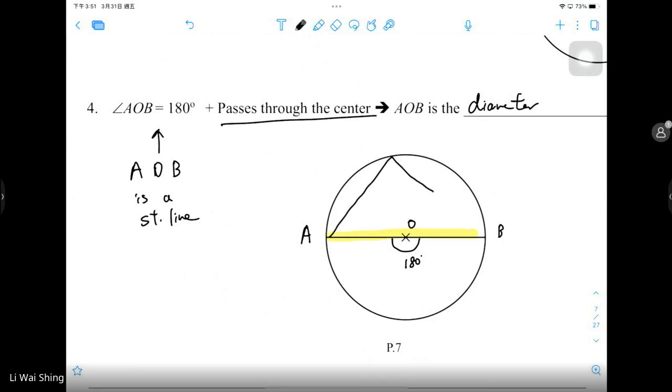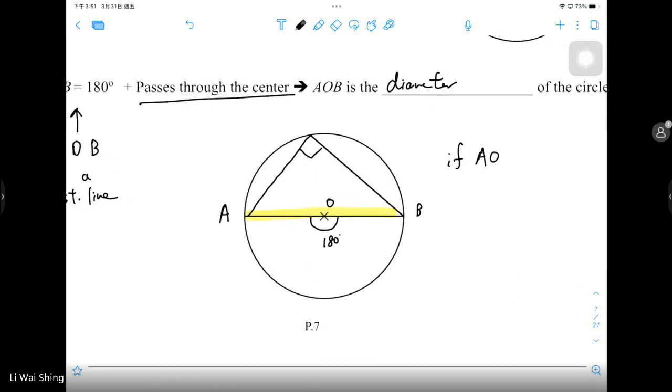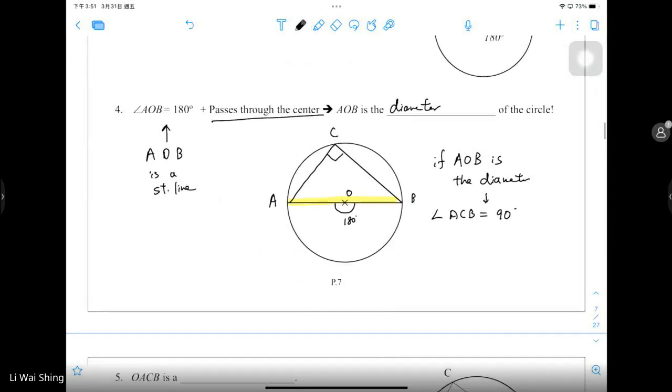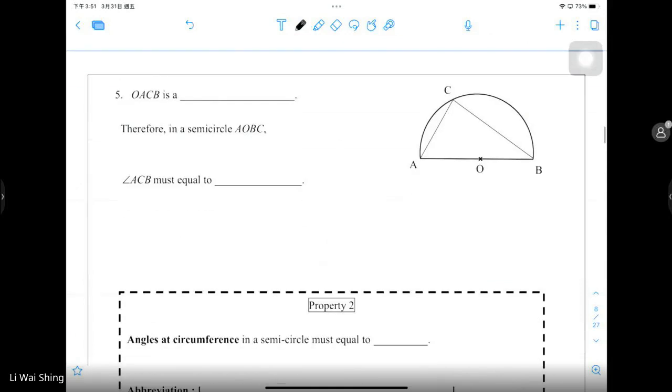Yes. OK? So you know one very important property. If I have the diameter, then the angle at circumference would always equal how many degrees? 90. If AOB is the diameter, then angle ACB must always equal 90 degree. Obvious facts, right? I just kept enlarging it until 180 degrees. So, what is the name for this shape?